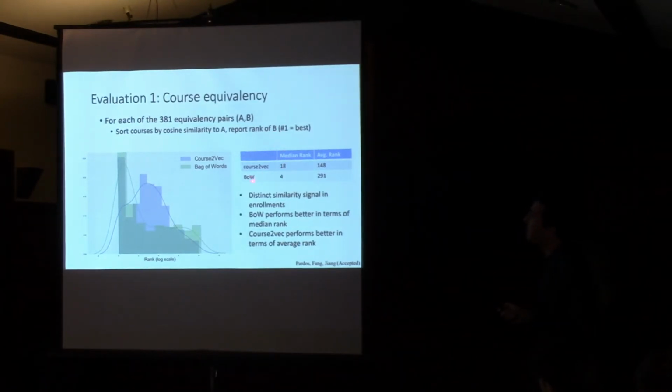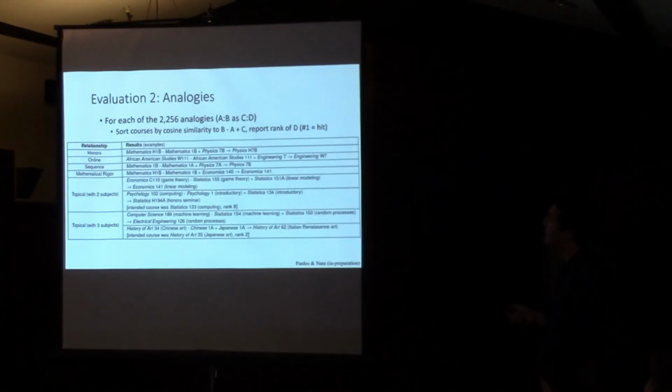As a baseline, we looked at what if you just created a simple representation based on the catalog description of the course, the text, and not based on enrollment behaviors. That did better, but not on average. On average, there are a lot of outliers in the bag of words approach, but it was better on average. We've since gotten closer to this, and if you combine the two, you do even better. But in analogies, the bag of words approach does not do well, but what I'll call the course2vec approach does do well. So let me walk you through some of these analogy validations.